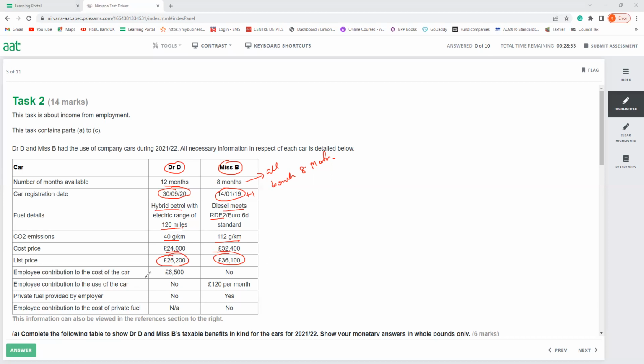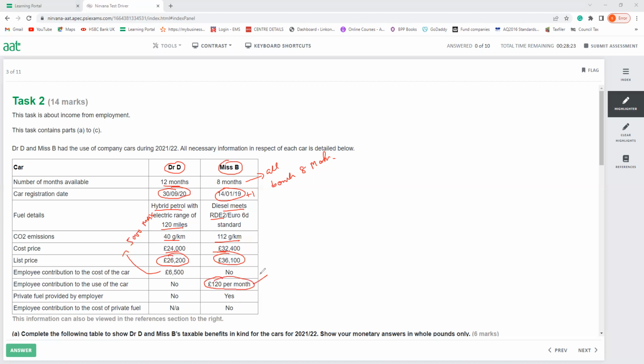Employee contribution to the cost of the car is 6,500. Remember that even though the employee contributes 6,500, we can take a maximum of 5,000. So a maximum of 5,000 we can deduct from the list price. Then employee contribution to the use of the car: Dr. D doesn't contribute anything, but Ms. B contributes 120 per month.